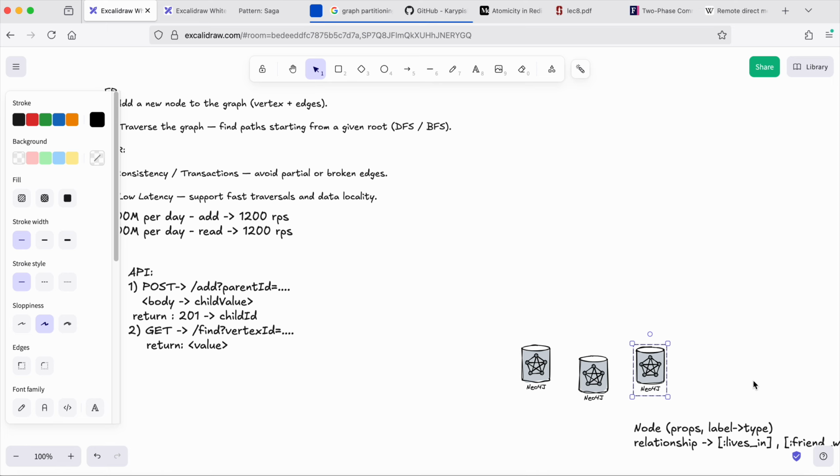It's about moving from one pointer to the next one.